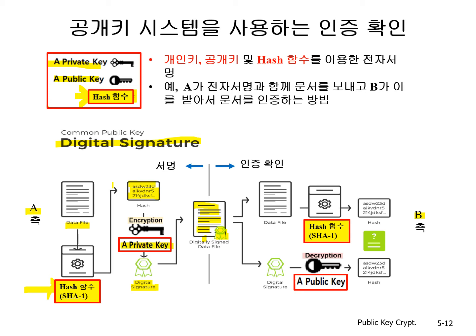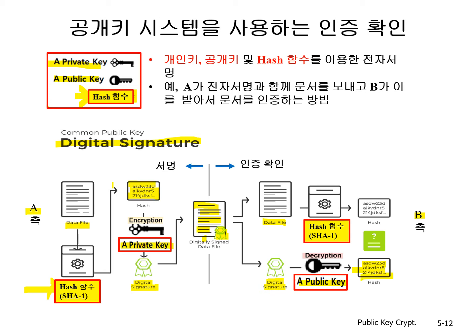When Bob receives this document, he separates the data file and the digital signature. Then Bob decrypts the digital signature using Alice's public key, and this yields a hash value.